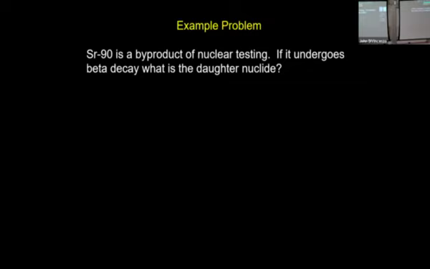So let's do an example problem here. This is real easy. Strontium-90 is a byproduct of nuclear testing. If it undergoes beta decay, what is the daughter nuclide? So figure it out and raise your hand if you've got it. Shouldn't take you but a minute or two.